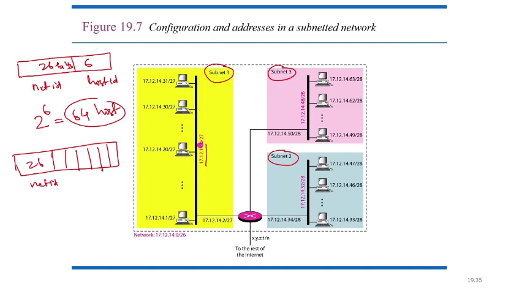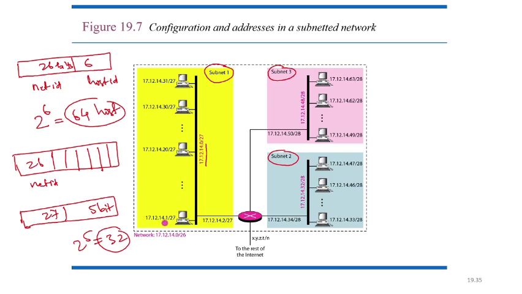It is given 27. That means in sub network 1, 27 bits are going to be the network address, and the remaining 5 bits are going to be the host ID, which means 2 to the power 5, so 32 hosts are possible. You can just see the address.